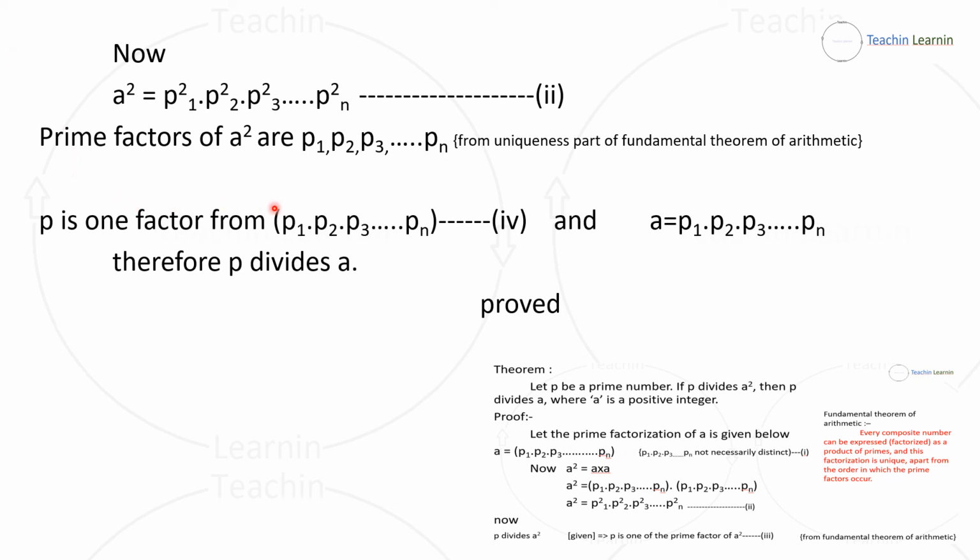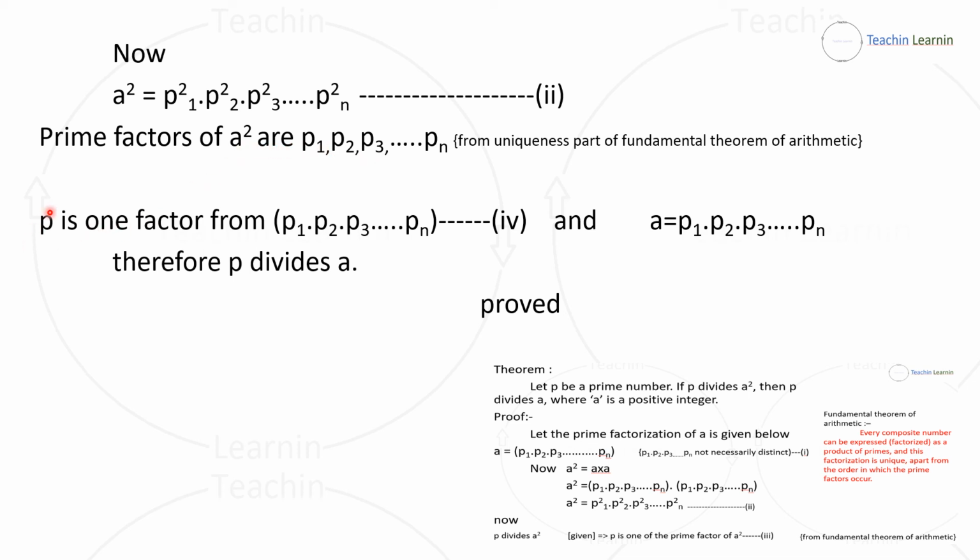If P is one factor from this, what does it mean? Remember two points. First, the prime factors of A square are P1, P2, P3 up to Pn, and the second is that P divides A square. So we can surely say P is a factor of A square. And we have said that P1, P2, P3 are the prime factors of A square.